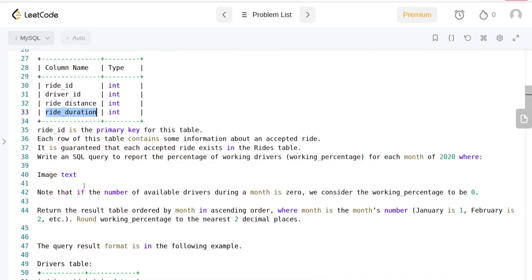What we need to do is write a SQL query to report the percentage of working drivers, the working percentage, for each month of 2020.